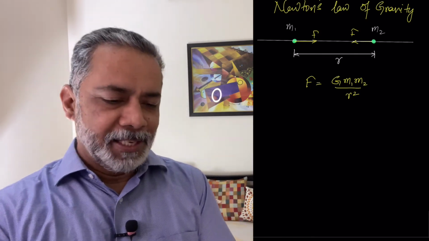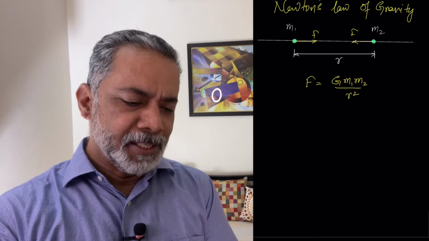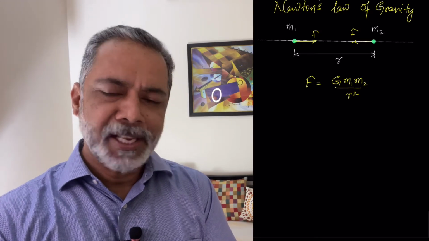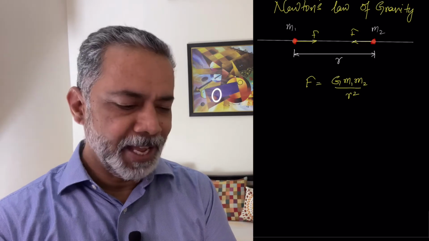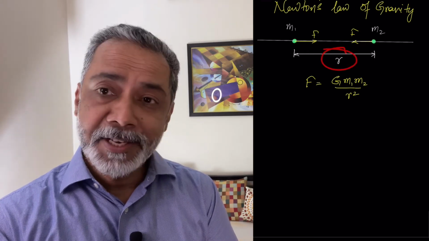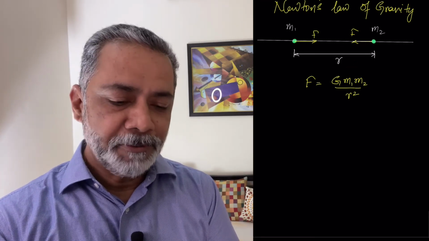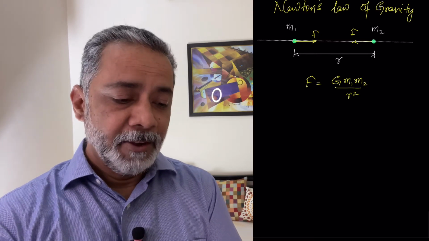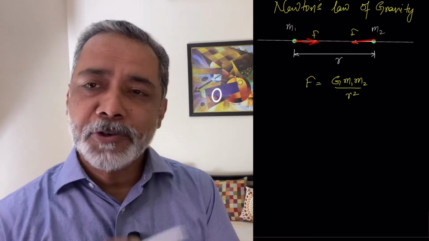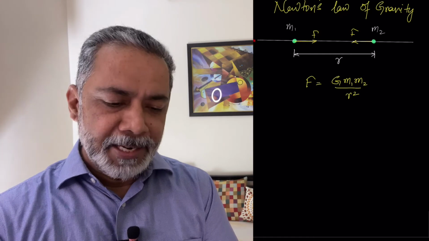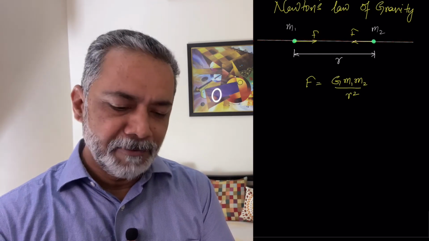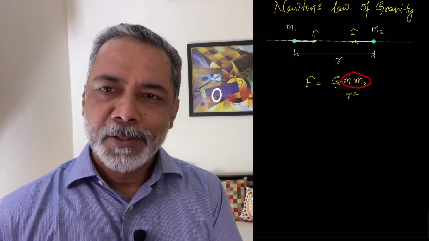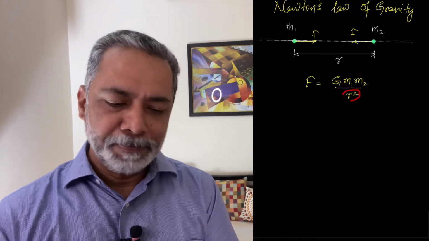What this says is that if we have any two masses anywhere in the universe having masses m1 and m2 separated by a distance r, then they will attract each other by a force of gravity which will be along the line joining them, and it will be proportional to the product of the masses, inversely proportional to the square of the distance between them.